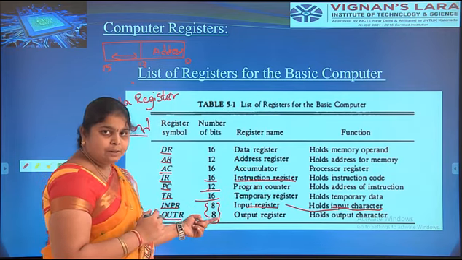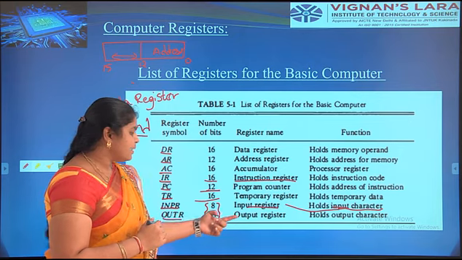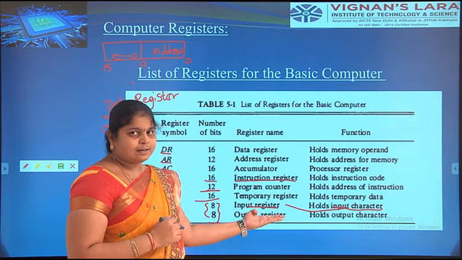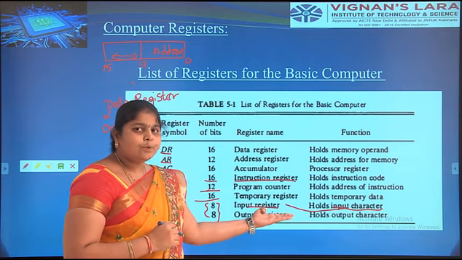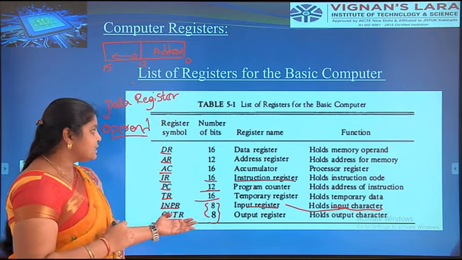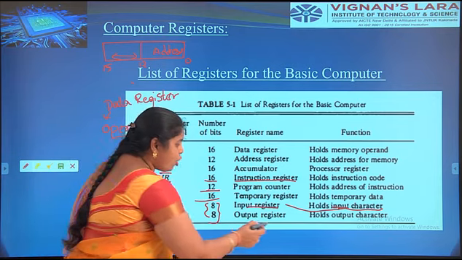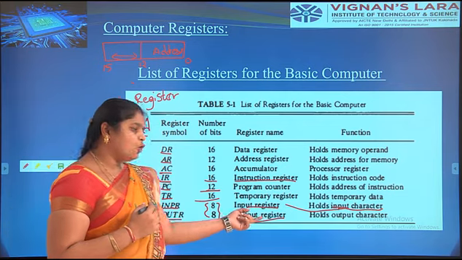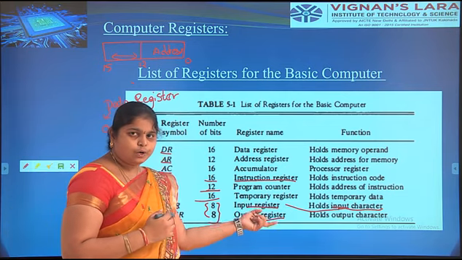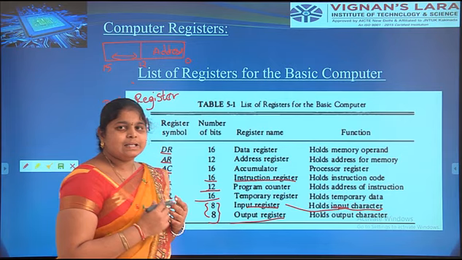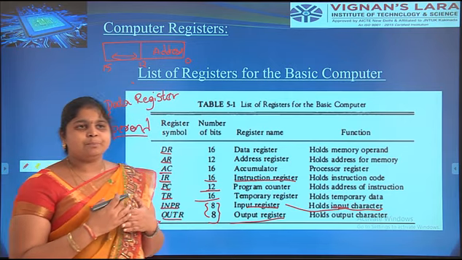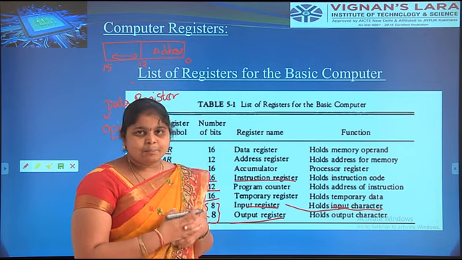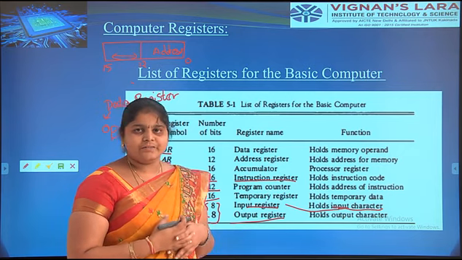OUTR means output register, and it contains 8 bits. It holds the output character for output devices. Input devices means the keyboard and mouse the user uses. Output devices means the monitor and printer.